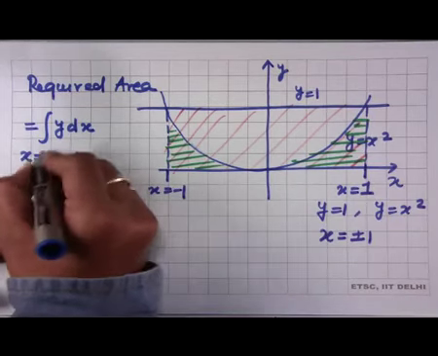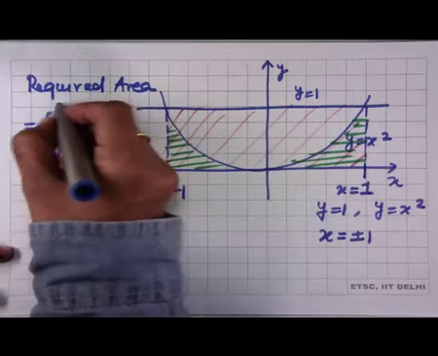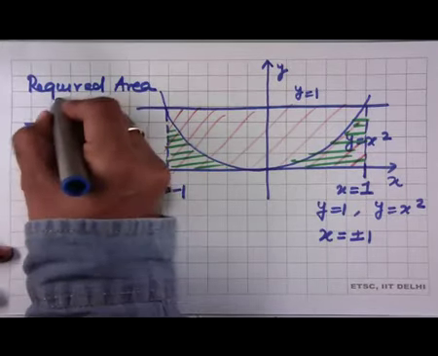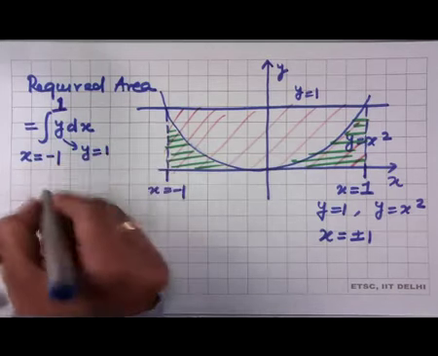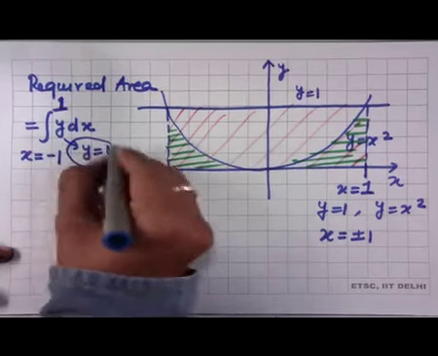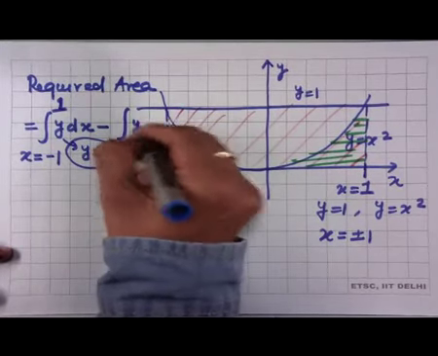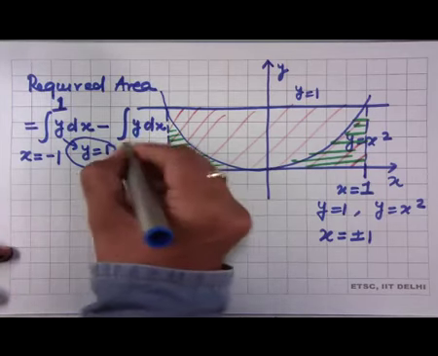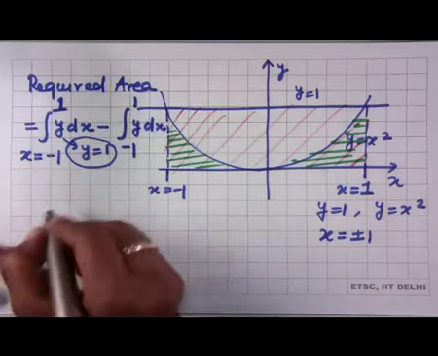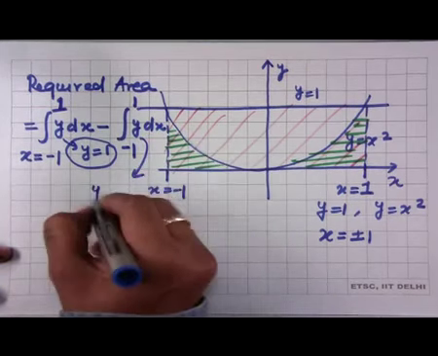So, the area of the rectangle will be from minus 1 to 1, where this y is coming from the line y equals to 1, so 1 dx. And x again goes from minus 1 to 1, but this y is being computed from the parabola.